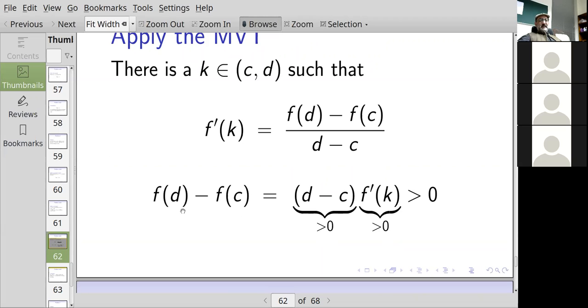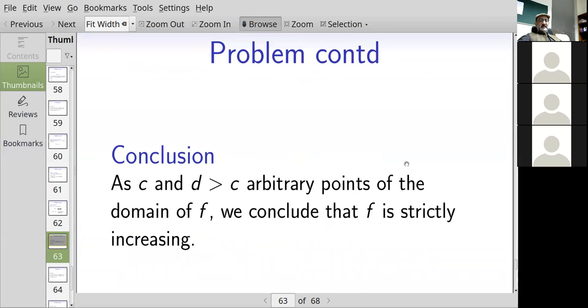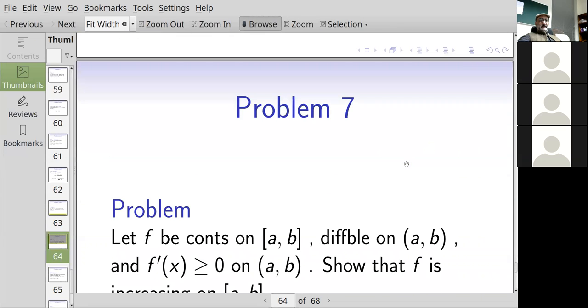So that means that F of d is bigger than F of c. So if the derivative is greater than 0 everywhere on the interval, then the function is strictly increasing everywhere on the interval. Okay, so this is the sort of thing that the mean value theorem is useful for. It's useful for giving you results like this.